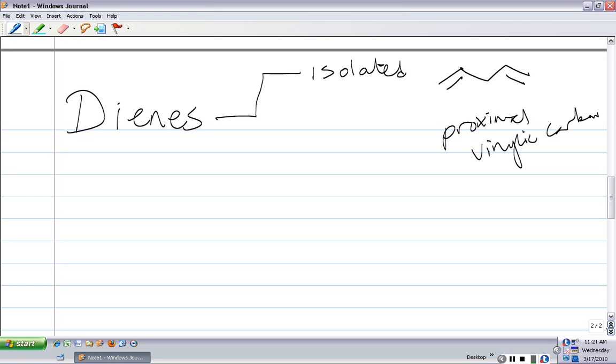So this one and this one are the proximal vinylic carbons. Isolated dienes are species in which the proximal vinylic carbons are separated by at least one sp3 hybridized carbon, or by at least 2 sigma bonds.